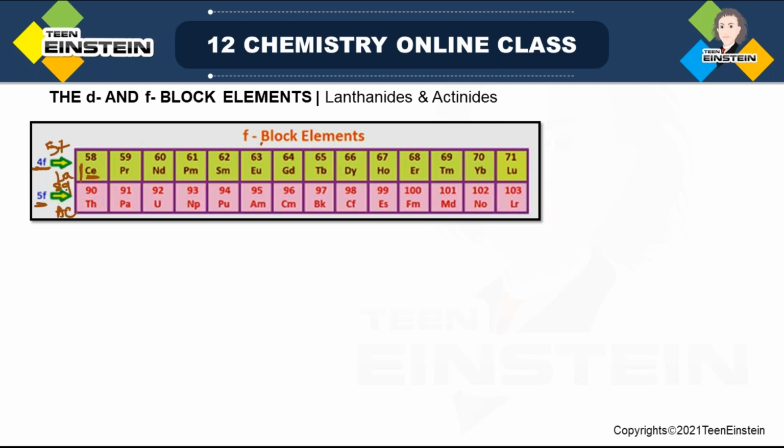But for the first one, here actually it is 4f0. So if you start from 4f0, then 1, 2, 3, 4, ultimately when you reach lutetium or lawrencium, that is atomic number 103, it will be 15. So 1, 2, up to 14, and then if you consider this 0, then it will be 15. Fine.